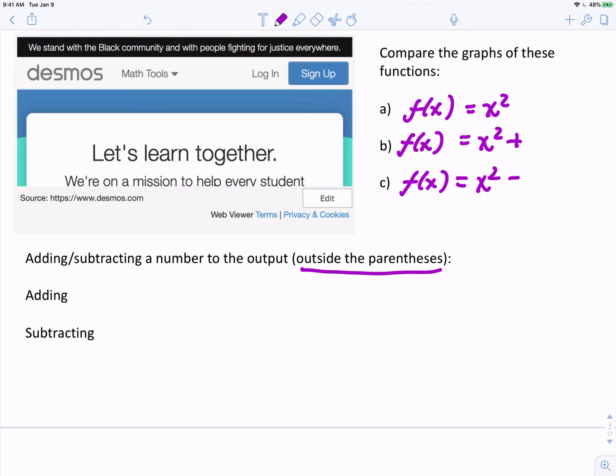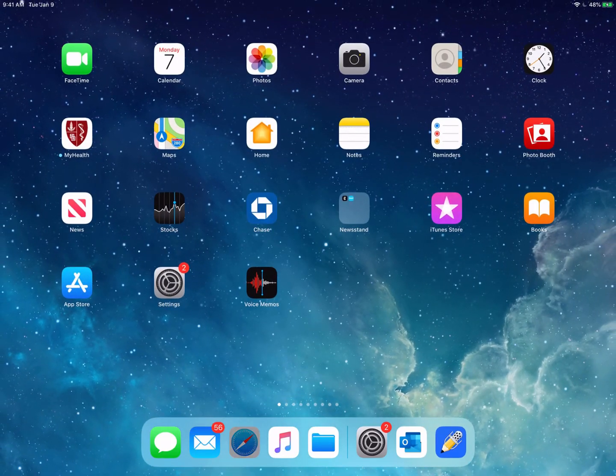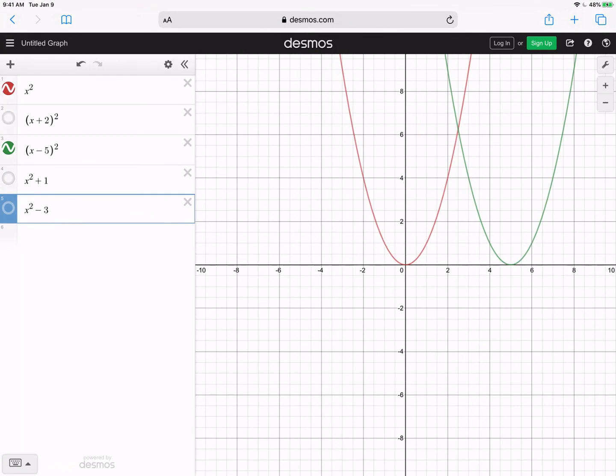So let's go back to Desmos. And so here's our original graph, f of x is equal to x squared. So the next graph we're going to take a look at is f of x is equal to x squared plus 1.